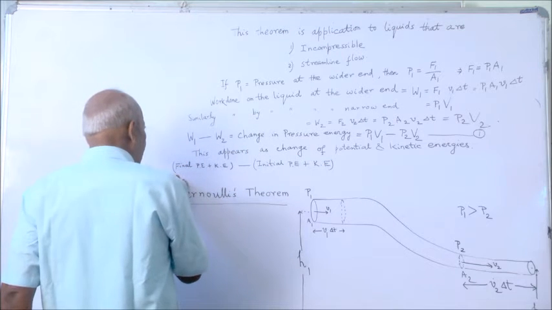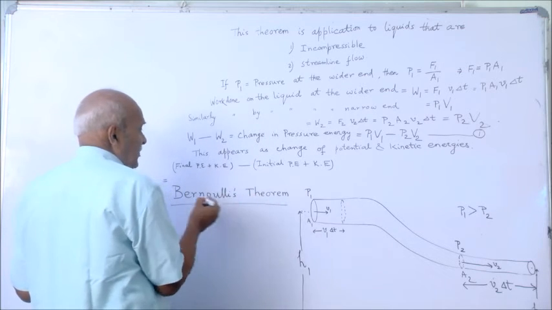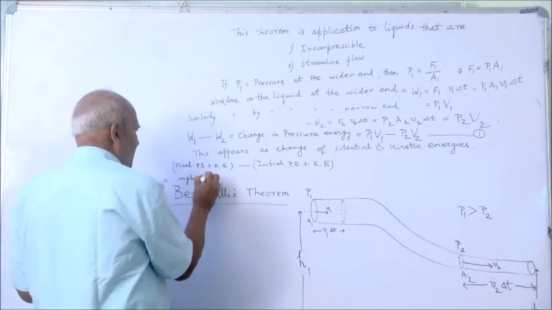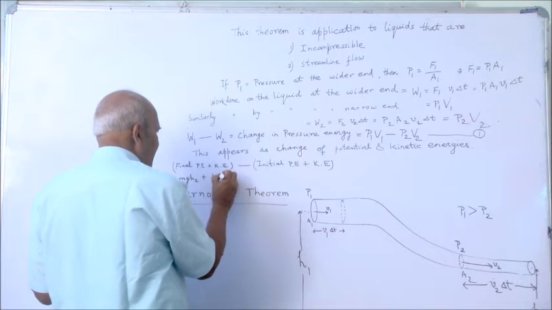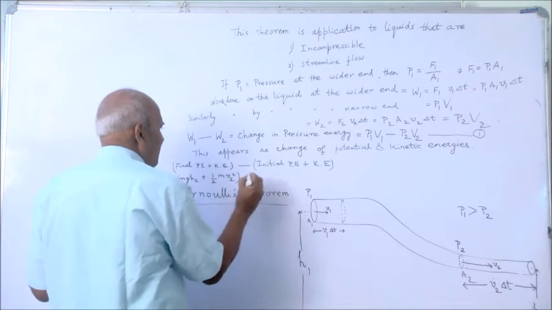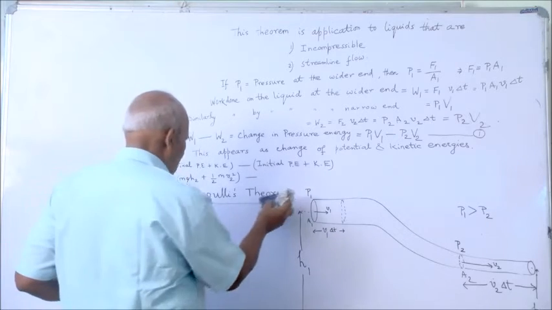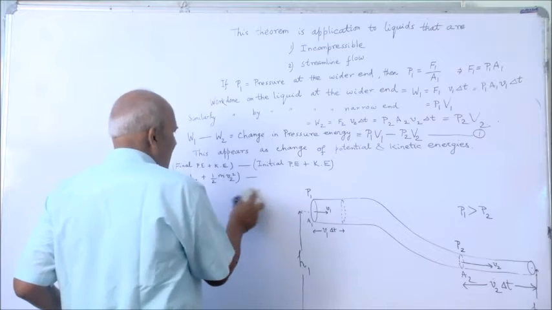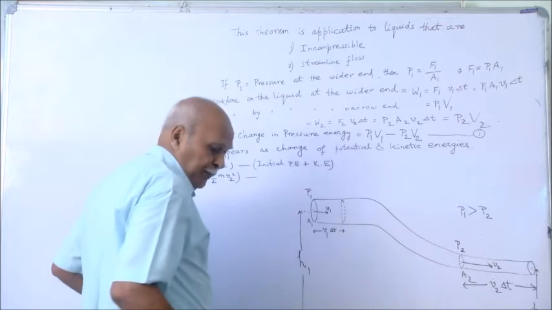So, that will give rise to final potential energy. As you see from the diagram, it is mg h2 plus final kinetic energy, half m v2 square, where we have considered m gram or m kg of the liquid flowing. That means, mass of the liquid flowing is your m.